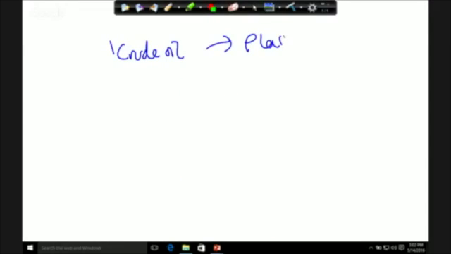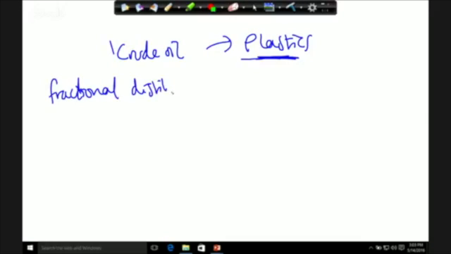This is a massive topic, and people don't realise that actually all the plastic things that they're using every day are made from this fossil fuel, crude oil. We've talked about a few processes involved. We talked about fractional distillation and separating that mixture of hydrocarbons by their boiling points. We then talked about cracking, when you take a long chain hydrocarbon and split it, and that's where you get your alkenes from.